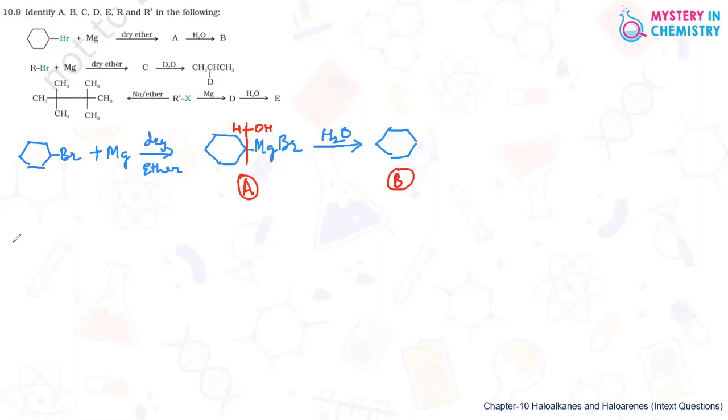Next compound is RBr, which is reacting with magnesium. We don't know about R, but we know that it is the same condition, dry ether is taken here, and C compound is formed. We don't know about this C compound.